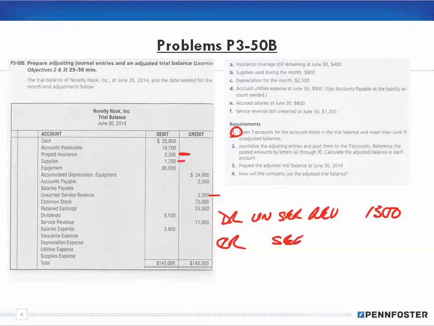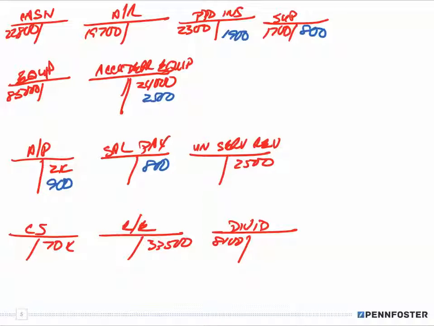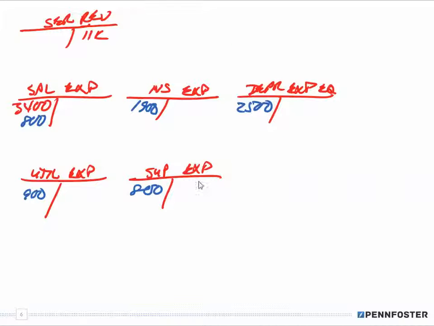Well, we're going to credit our service revenue because we're recognizing the revenue for $1,300. So now when we post it, unearned service revenue, we're debiting it for $1,300 because we're reducing it, and we are crediting our service revenue up here for $1,300.